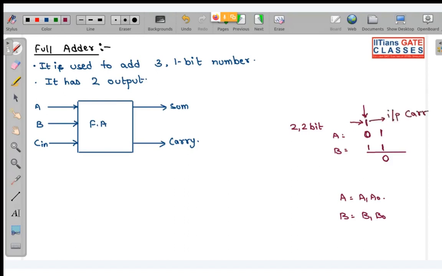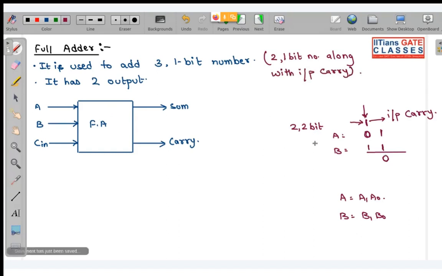So basically a full adder does this job. It is used to add 2 1-bit numbers along with an input carry. So this is done by a full adder.